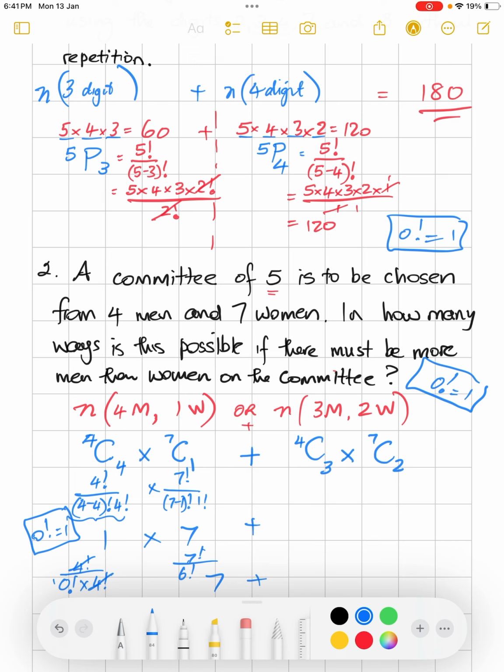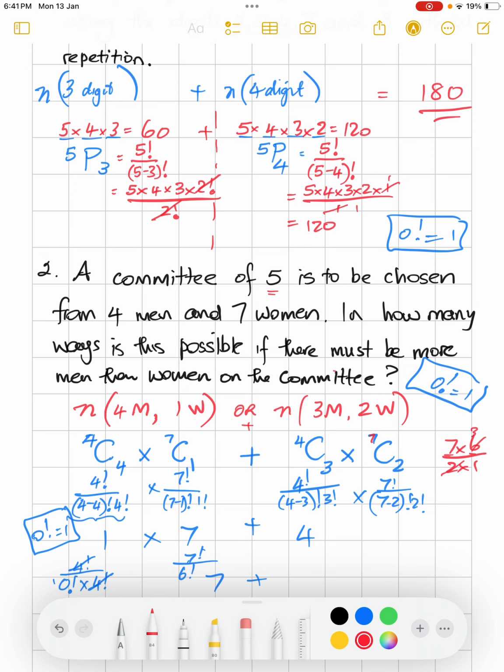Now, 5C3 is the same as 5C2, so 10. And 7C2 is 7 factorial over 7 minus 2 factorial and 2 factorial. Or 7 times 6 over 2 times 1. 2 places starting at 7, 7 times 6, and then underneath 2 factorial.